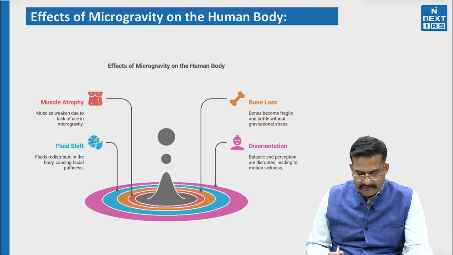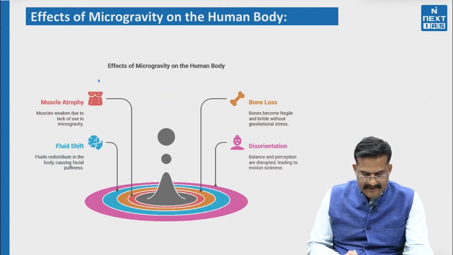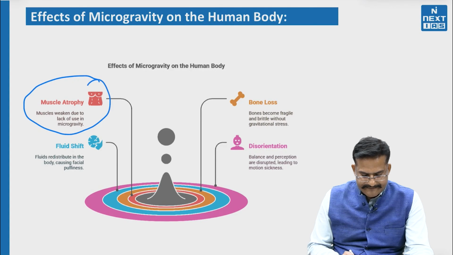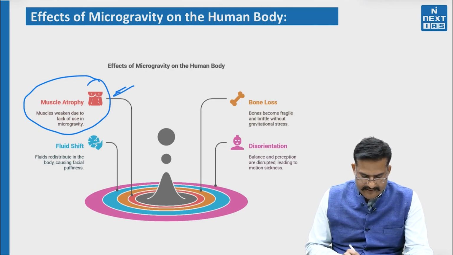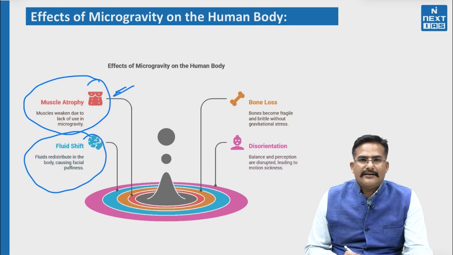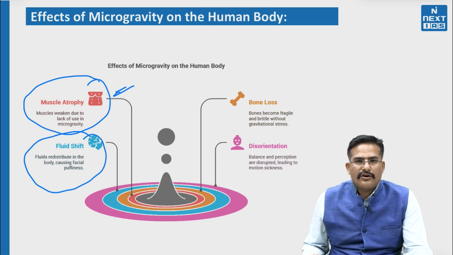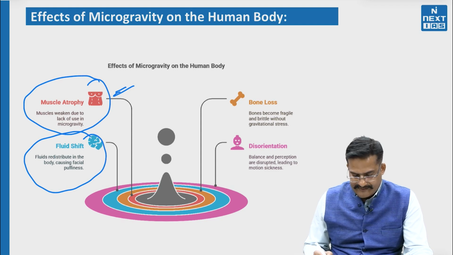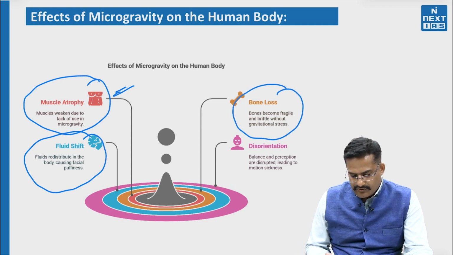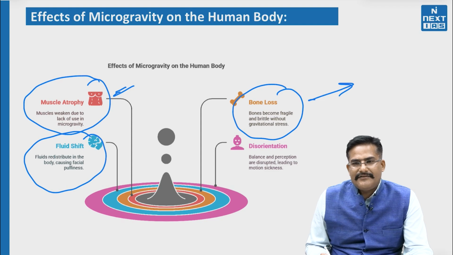And what is the impact of microgravity on human health? It leads to muscle atrophy, meaning weakness in the muscles. Not only that, there is a significant shift of fluid in the human body, and an astronaut may feel puffiness in her or his face, right? It may also lead to bone loss, because gravity keeps our bones strong, and in a free gravity situation we are not using our bones much.